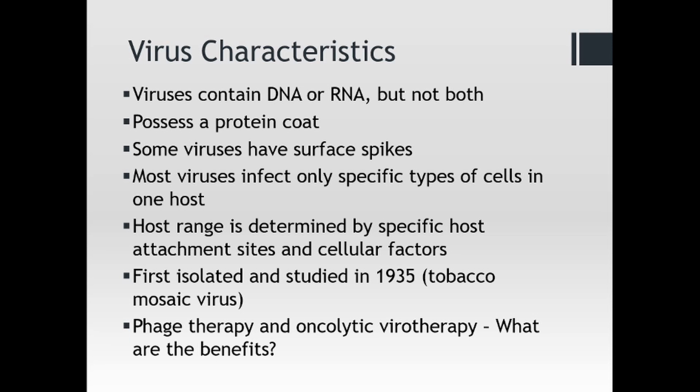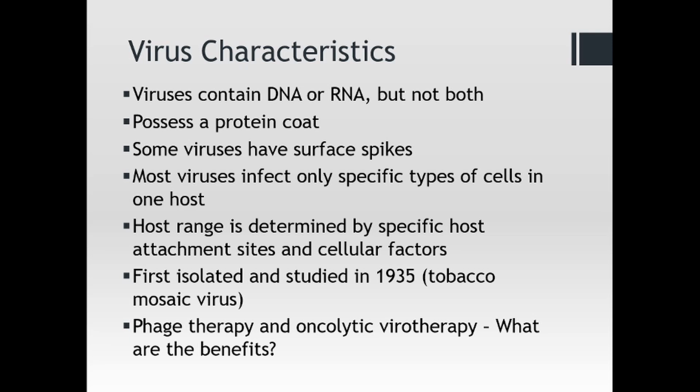Some viruses, and in fact many of them, have surface spikes, and these are projections that come off of the protein coat, which is called a capsid. These spikes come off the surface of the capsid, and they enable the virus, oftentimes when the virus possesses a spike, to enter the host cell.